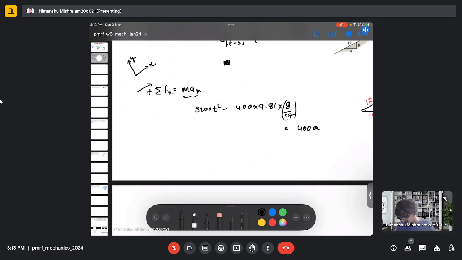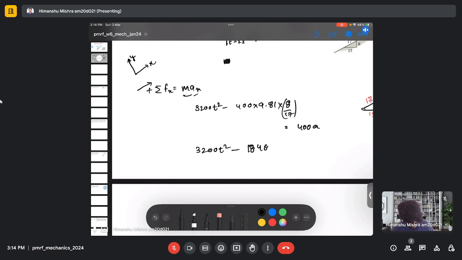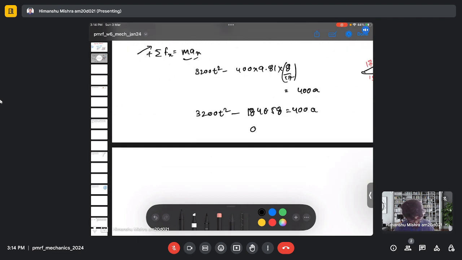So we can simplify this equation. So here I will be getting 3200 T squared minus 1846.588 equals 400 A. So my A will be minus 4.6164 plus 8T squared.